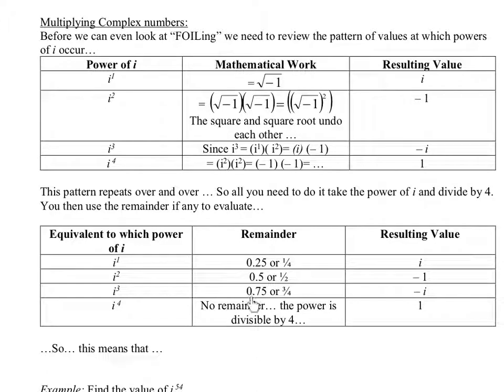So if the remainder is 0.75, then I have a -i. And i to the fourth, there's no remainder, the power is divisible by 4, that's just the number 1. So just remember, if there's no remainder, then the number you're going to get is the number 1.